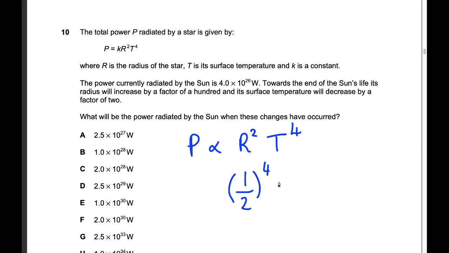And the increase in radius by a factor of 100 will be equivalent to an increase in power by 100 squared.